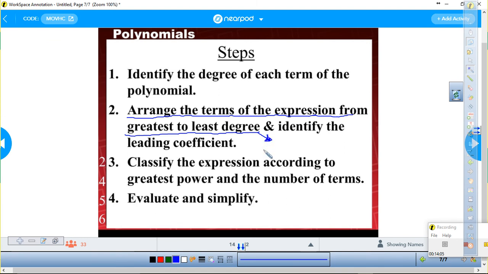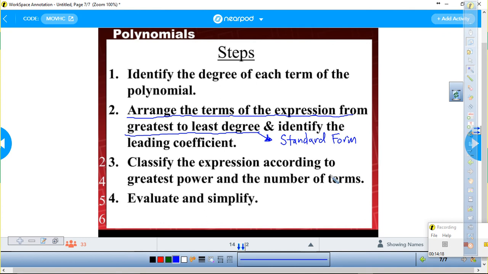When we arrange an expression from greatest to least degree, we call it standard form. Standard form. What's that?